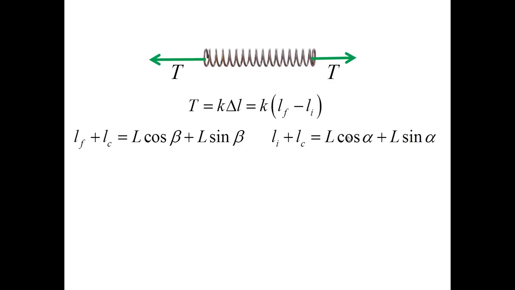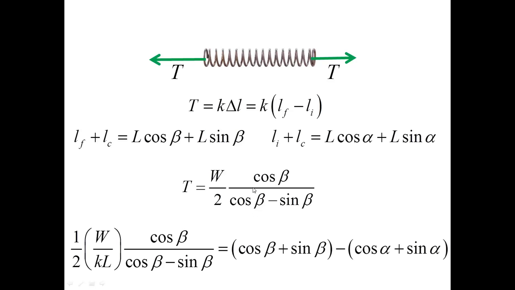Now what we can do, we can substitute LF found from this equation and LE found from this equation into this expression. What we will find is that L sub C will cancel out, and if we combine the right hand side and T found from equilibrium, we obtain the following equation for the angle beta.